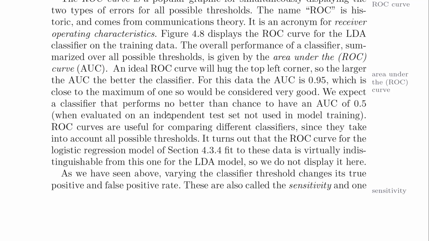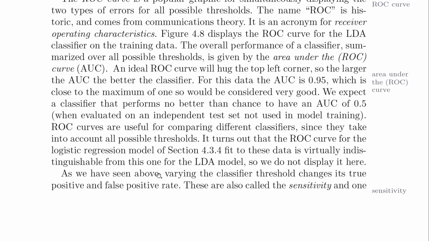Maybe I've missed something. Since they take into account all possible thresholds, it turns out that the ROC curve for the logistic regression model fit to these data is virtually indistinguishable from the LDA model, so we do not display it here.